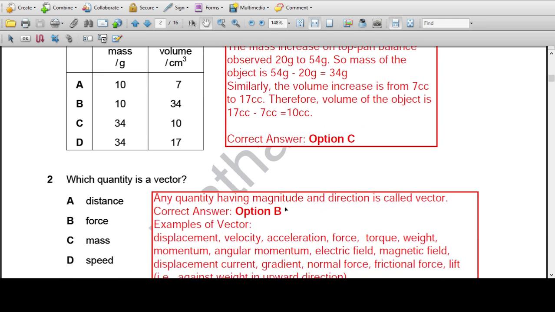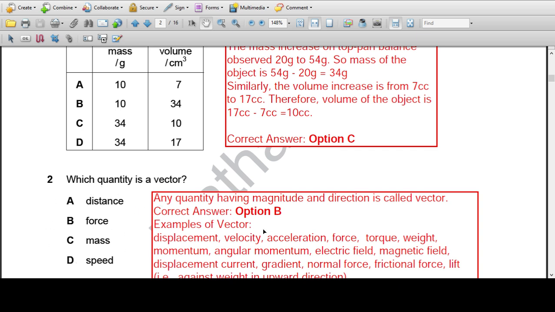And which quantity is a vector? So here we have the options distance, force, mass and speed, and we know that force is a vector quantity. Any quantity having magnitude and direction is called a vector. So option B is correct. But these questions may be asked with different quantities.